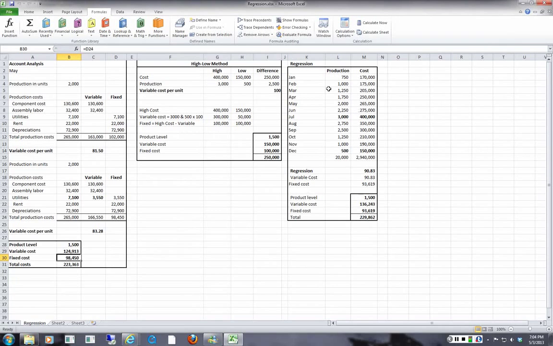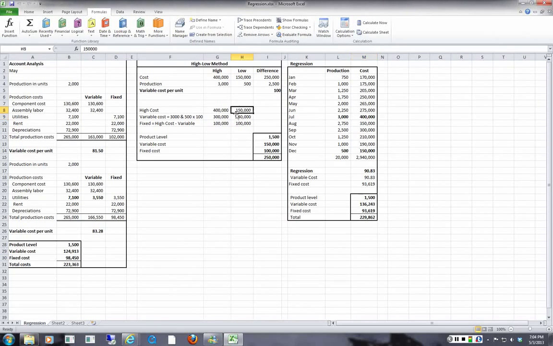Then they say, okay, now we go from January through December listing the production units and the associated cost. And you can see over here where I've got my mouse going over it. They say we've got a high-low method, which is another way of coming up with the fixed and variable costs. So now we look at it and say, okay, the highest is $400,000, and the lowest is $150,000.